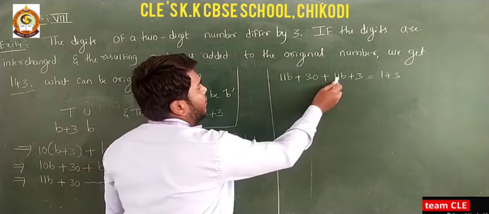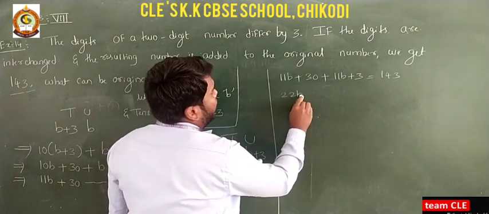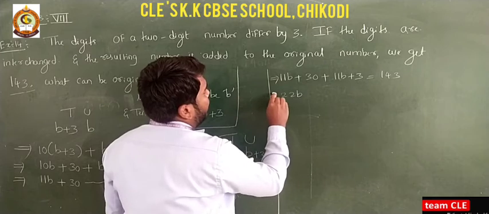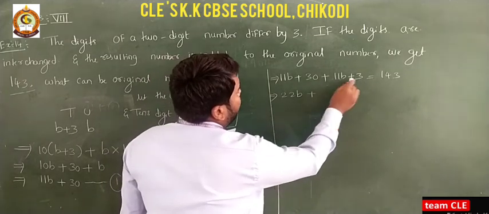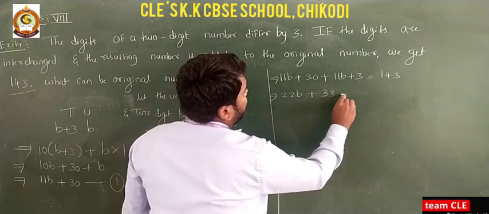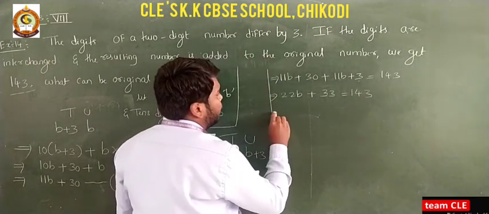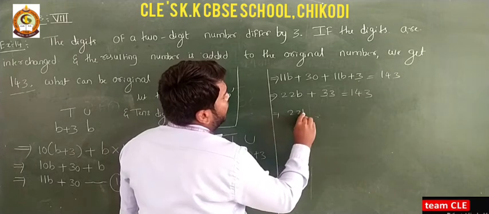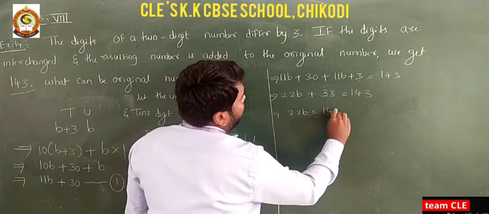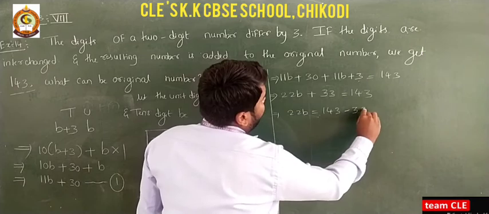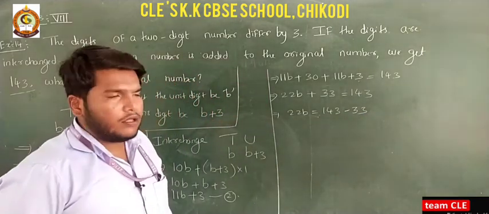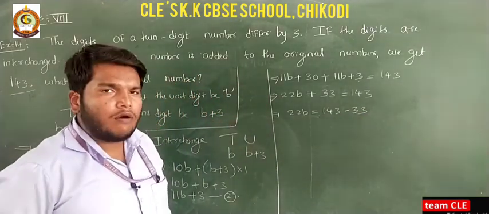Now 11b plus 11b is 22b, and 30 plus 3 is 33, which equals 143. So 22b equals 143 minus 33.